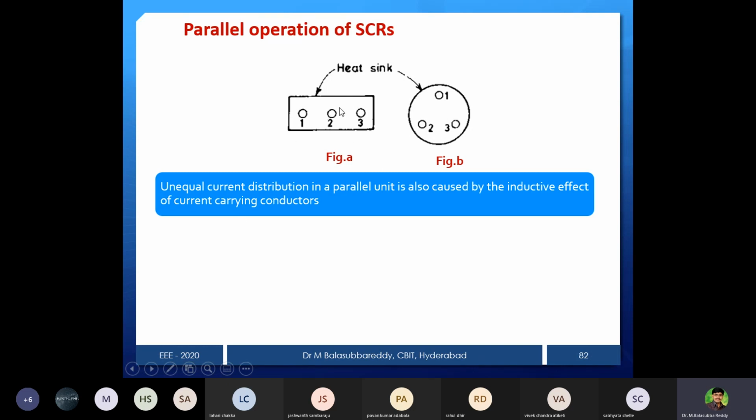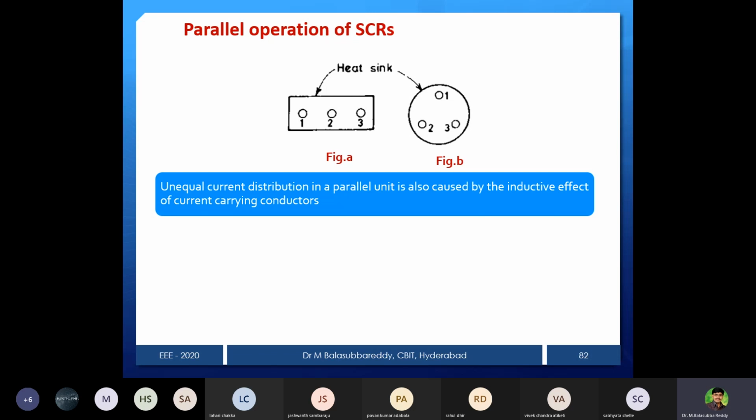The flux linkage in the middle conductor is more compared to the others, because the second conductor is near to the first one as well as the third one. That's why the flux linkage will be more. When the flux linkage in a conductor is more, its inductance will be more. If the inductance is more, automatically the current shared by that particular conductor will be less. Then obviously the other conductors will be overloaded.